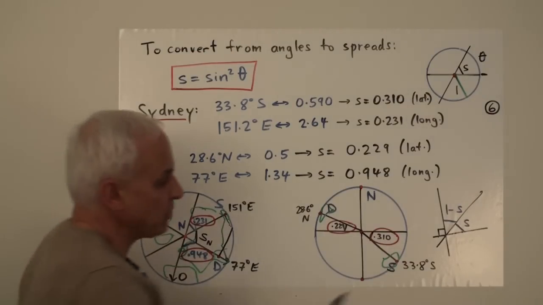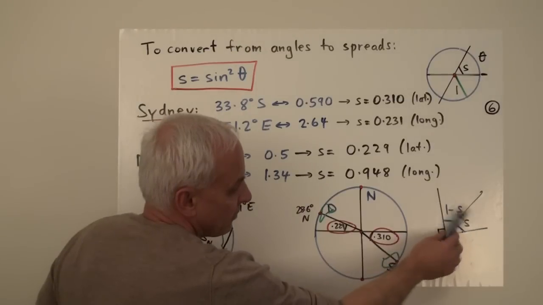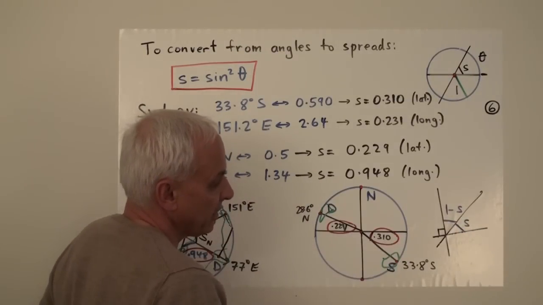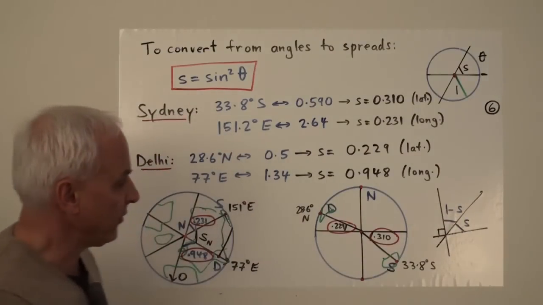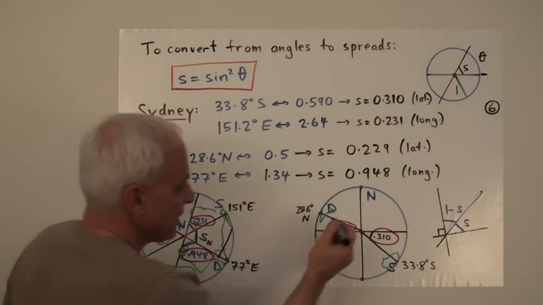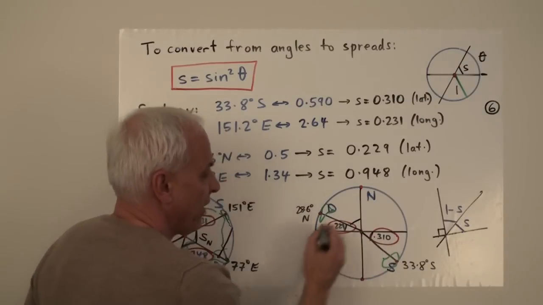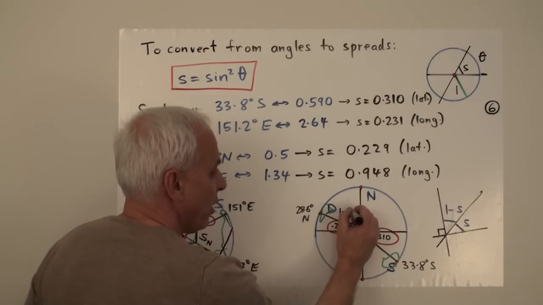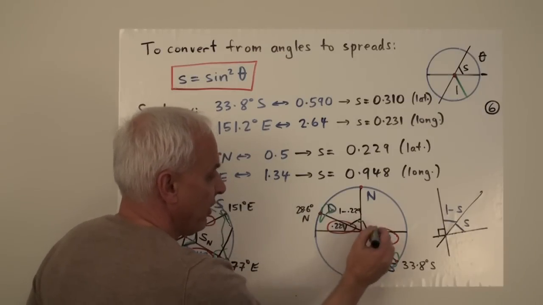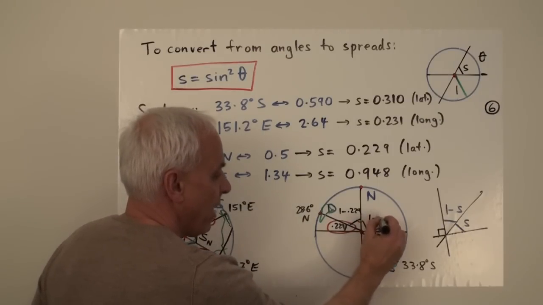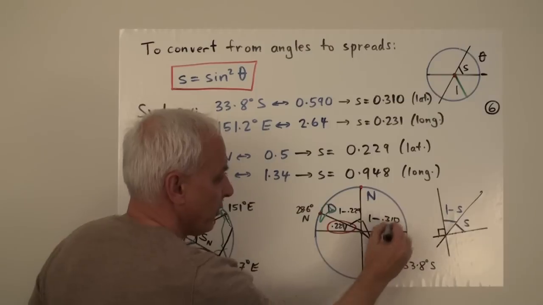And also I'll remind you that if you have 90 degrees or perpendicularity there, if this is a spread of s, then this will be a spread of 1 minus s. So for example, if you want to know what this spread is, it will be 1 minus 0.229. If you want to know what this spread is, it will be 1 minus 0.310.